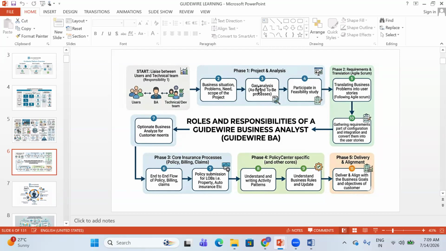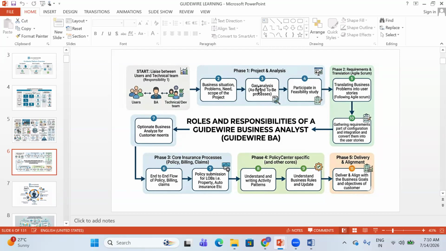For our insurance company, there is a rule: if anybody has traffic challans, accident history, or a license suspension, they have to be converted to a high-risk driver, and the case should be sent to the underwriting team. That rule we have to write in the form of a user story. So you should understand the flow of the application, and the importance of the flow is everything.